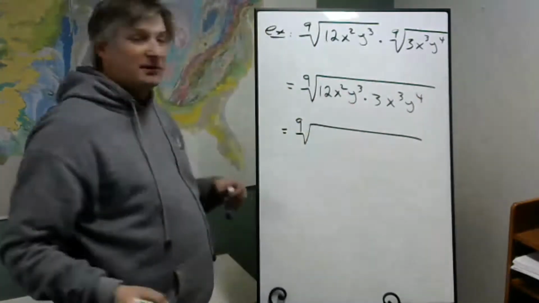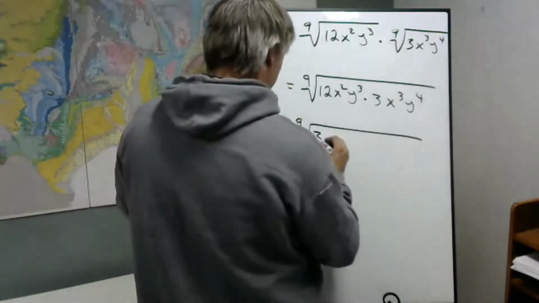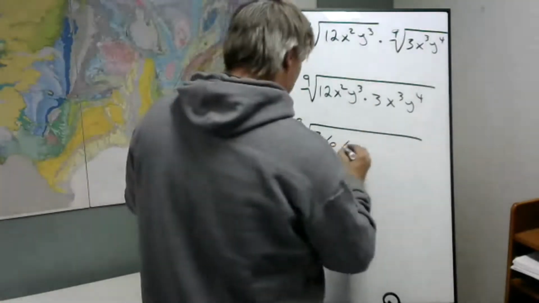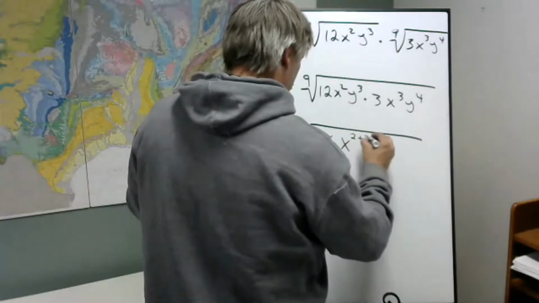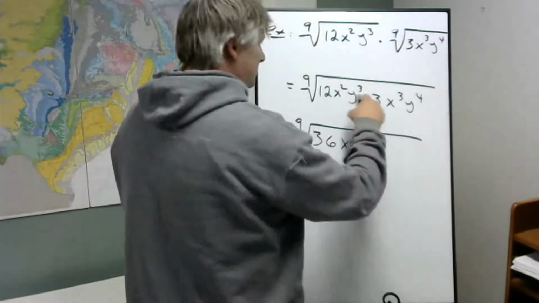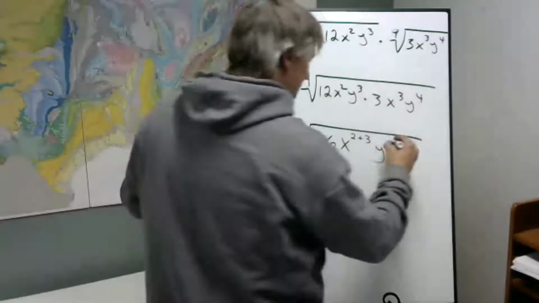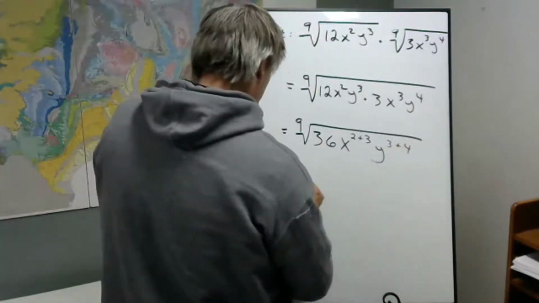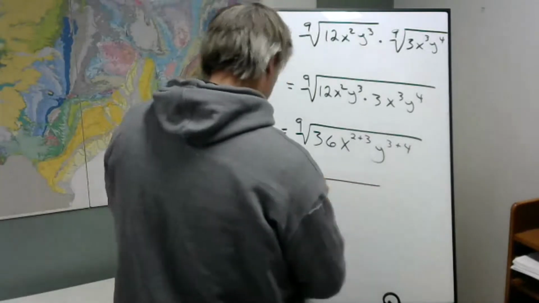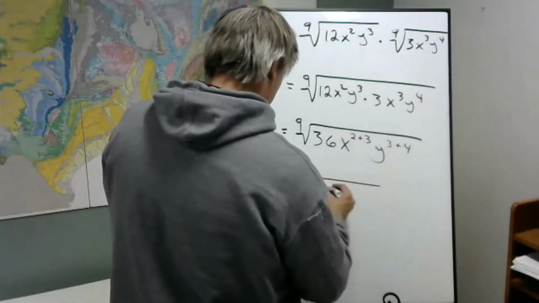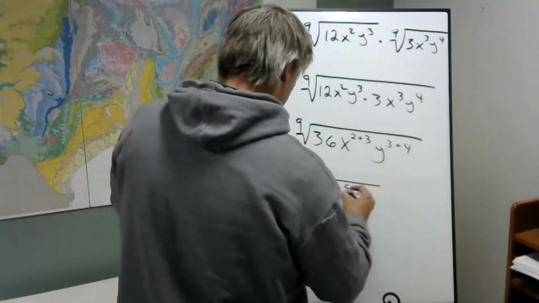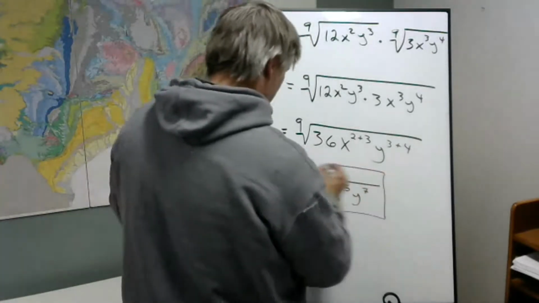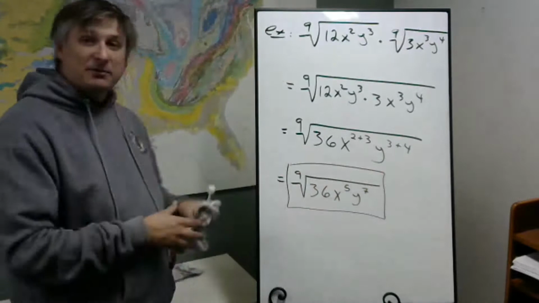So 12 times 3 is 36. We have x to the 2 plus 3. And y to the 3 plus 4. And that's going to be our answer.